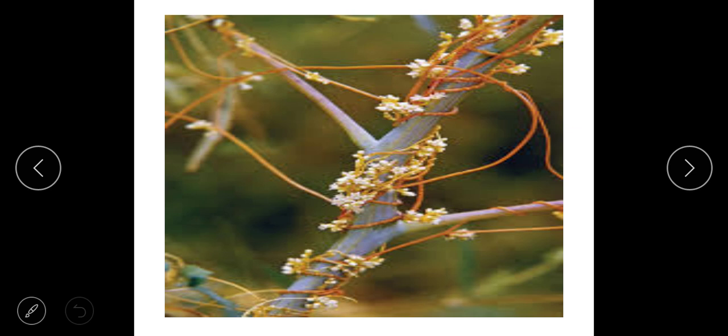It does not have roots or leaves, but you can see the flowers in it. As soon as it comes in contact with the host plant, it twists around the host. Wherever the point of attachment with the host is, it produces parasitic roots, which are also known as haustoria, and sucks the nutrients and then harms the plant.